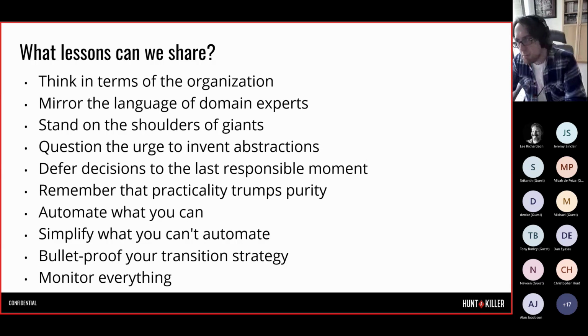That actually ends up leading me into my next lesson. Remember that practicality trumps purity. As software engineers and as analytical thinkers and as technology professionals, we sometimes get caught up in intellectual or technical purity and say to ourselves things like, well, a microservice should own its own data.